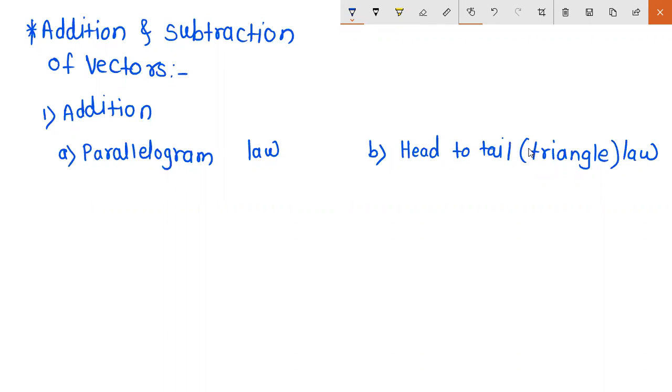I consider a vector a bar, which is starting from the origin. Then I consider the second vector, that is b bar.